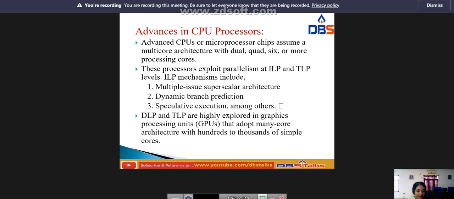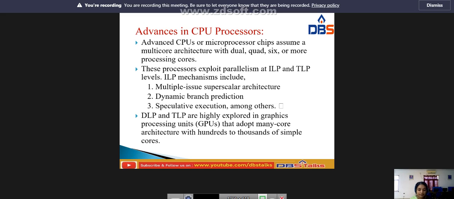Instruction level parallelism measures how many instructions of a computer program can be executed at the same time. We have two approaches, hardware and software. Hardware level works for dynamic parallelism and software works for static parallelism.